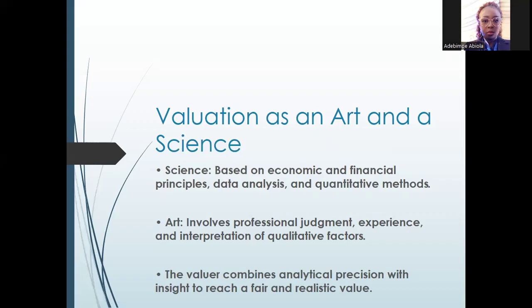That is why most of the time you see variations in opinion of value on even the same properties, because our judgmental skills are different. Our experiences also, our exposures, our interpretations of things also form part of our judgment.